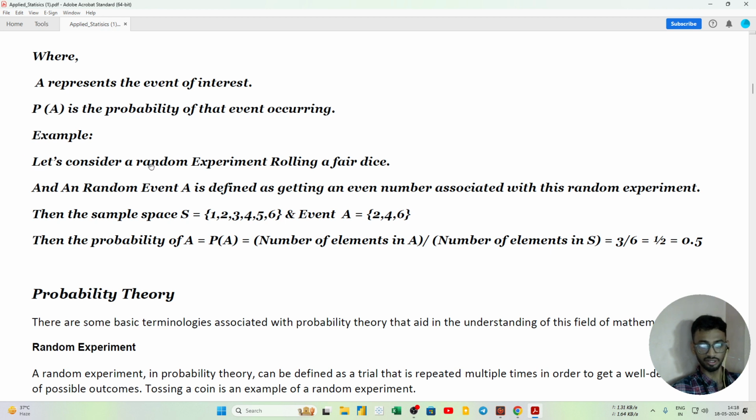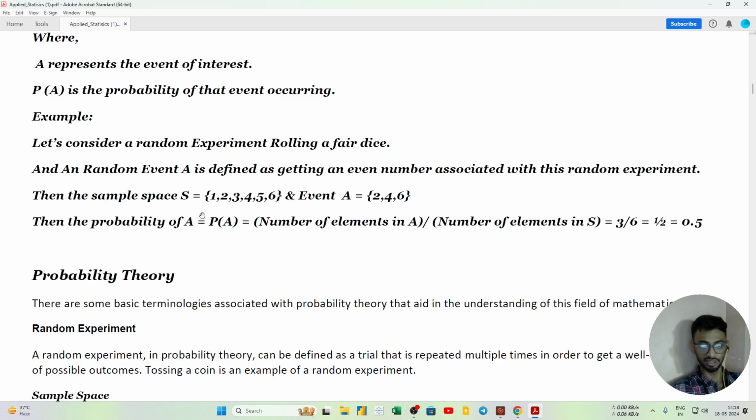For example, let's consider a random experiment of rolling a fair dice, and the random event is defined as getting an even number. The sample space is the set of all possible outcomes: 1, 2, 3, 4, 5, 6.